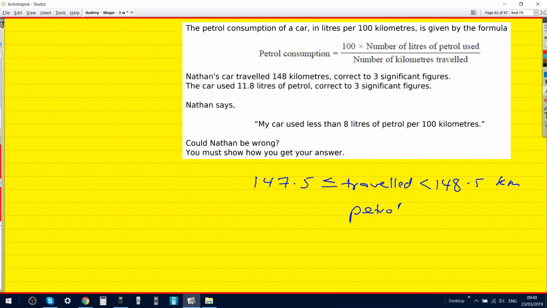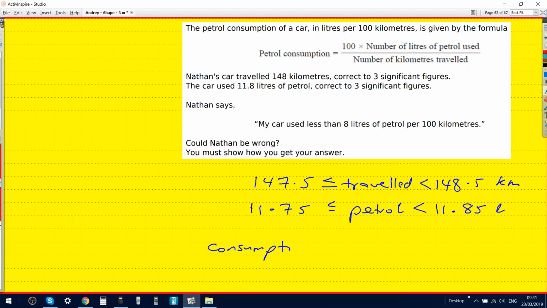So it'll be 11.8 divided by 11.75. Okay, and so what would you do with those now? Do I do it with the lower bound and then do it with the upper bound?